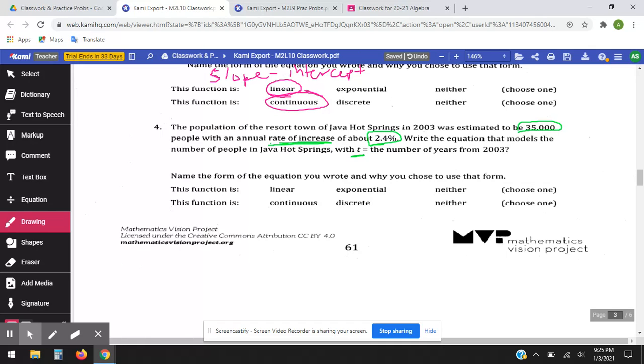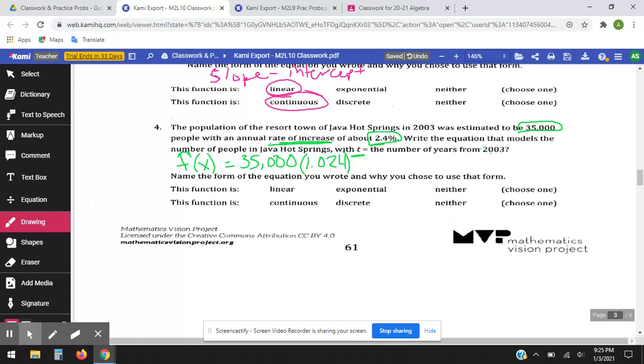So let's see, I'm going to do my f of x equals, well, my starting term is 35,000. And that would be my 0 because I'm starting in 2003, and the t is the number of years from 2003. And since it's a percentage, I know I'm going to multiply by 100% plus that.